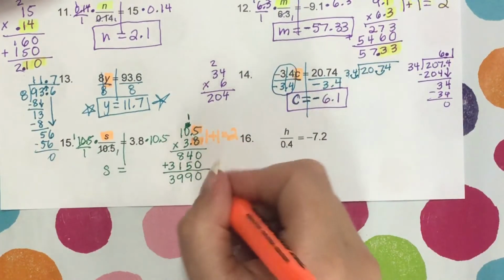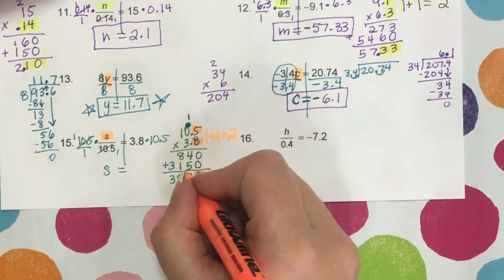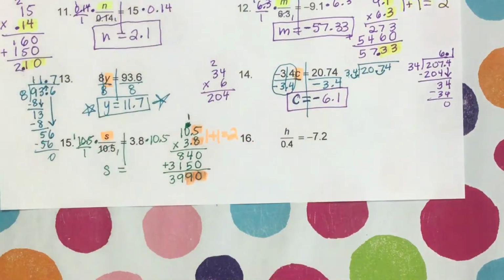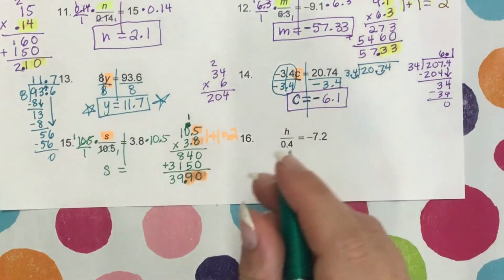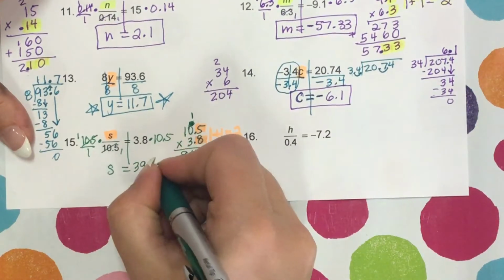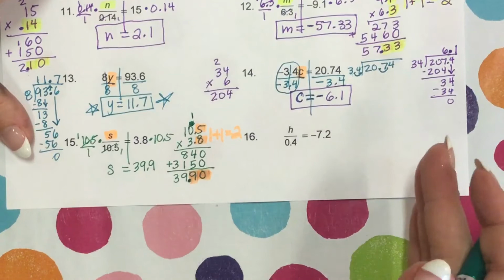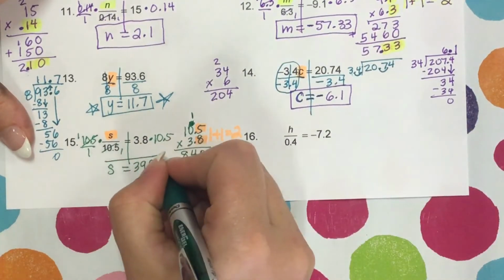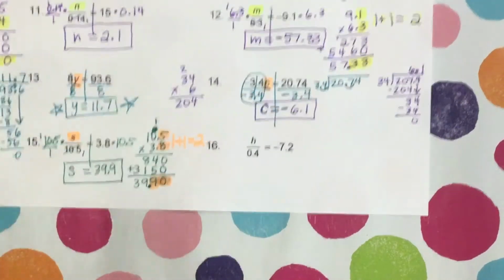So that means our answer has to have 2 decimal places. So here's 1 decimal, here's the other decimal place, which means our decimal has to come right there. So there's our answer, 39.9, and it's 90, so I don't need to write that 0 on the end. So it's just going to be S equals 39.9. If you got that right, great job.